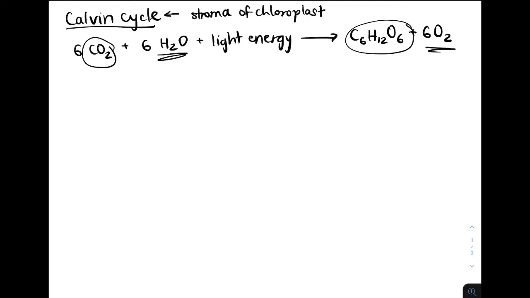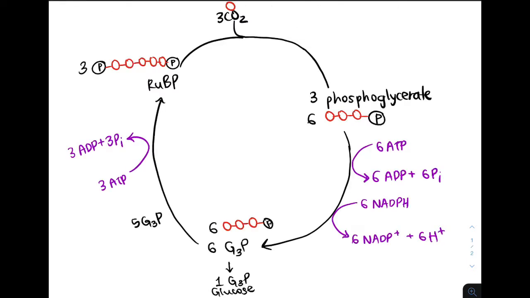First, I'm going to walk you through the steps of the Calvin cycle, and then we will analyze why these steps happen. So in the Calvin cycle, we fix carbon on RUBP using an enzyme called Rubisco. And Rubisco is the most abundant protein in the world.